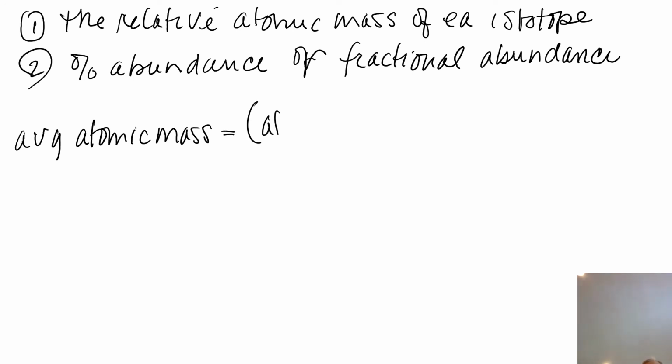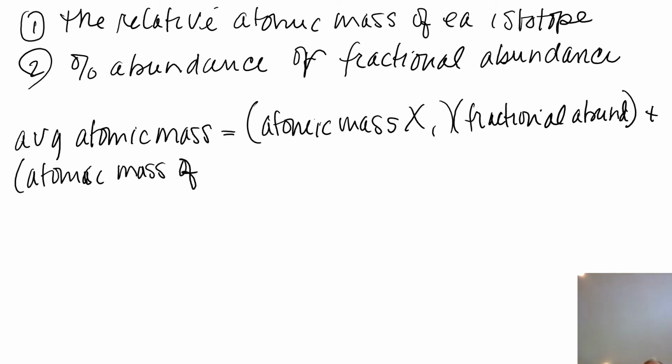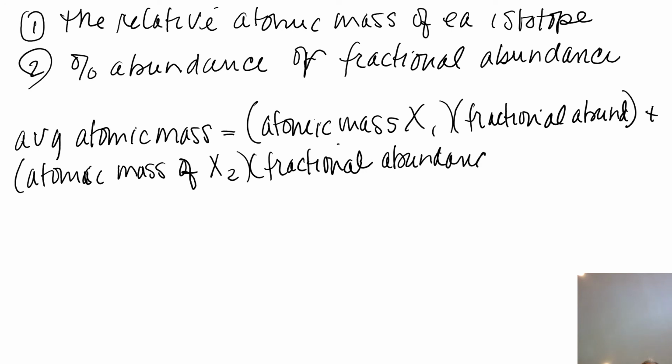equals the atomic mass of isotope 1 times its fractional abundance, or decimal, plus the atomic mass of isotope 2 times its fractional abundance, and on and on.